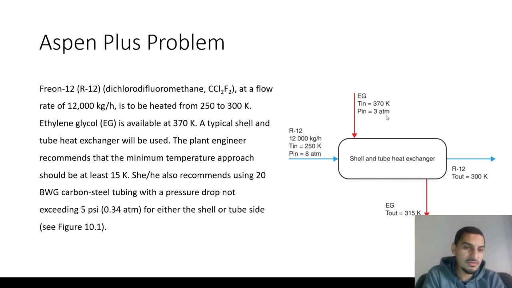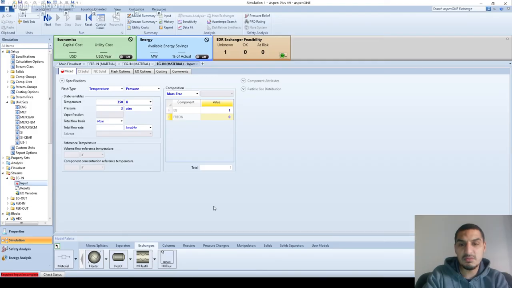It's 370, would be 360, 350, whatever. If the flow rate is low, then the delta T will be higher, which means that this will be low. So I need to put a value that will achieve the 315 Kelvin that I want to achieve. And now let's see how we'll do this.